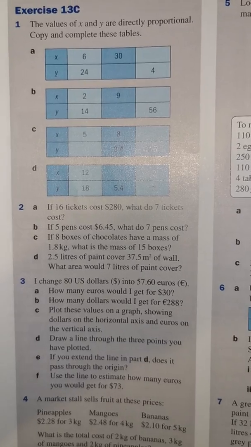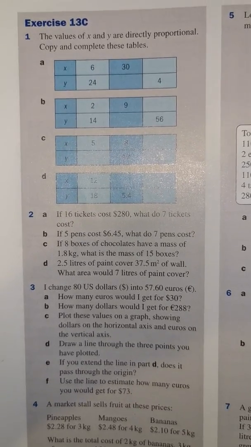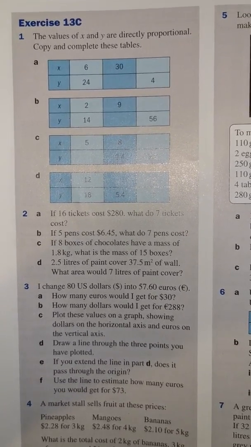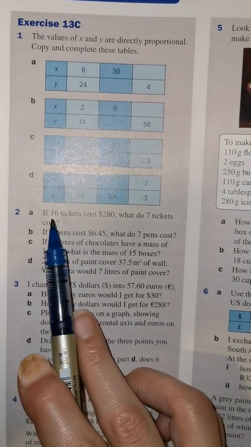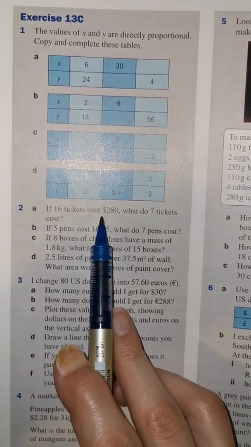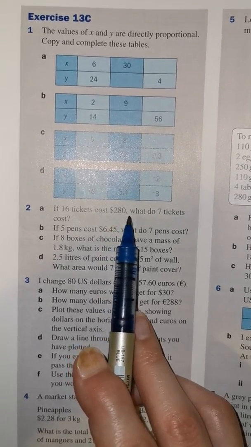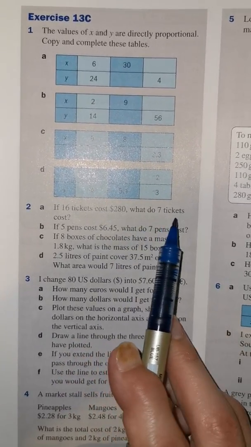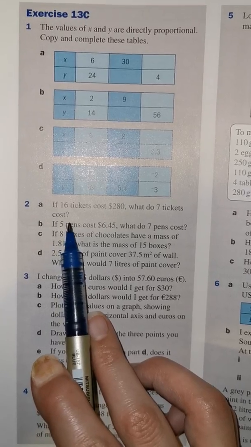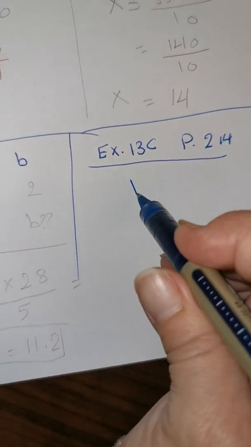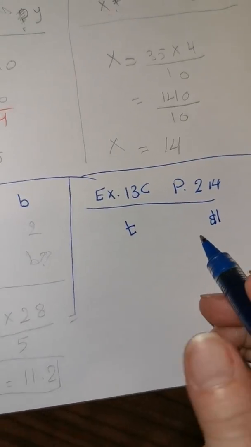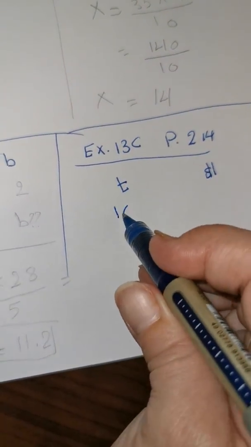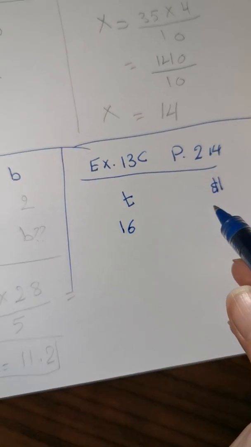Okay, I will solve exercise 13C, question number 2A. If 16 tickets cost $280, what do 7 tickets cost? Again, we have tickets and we have the cost.